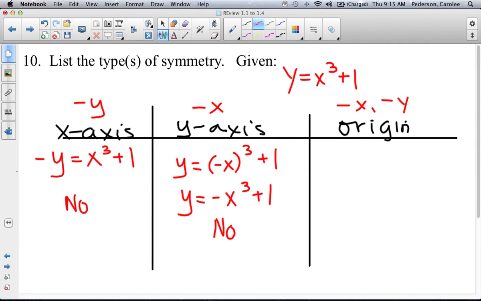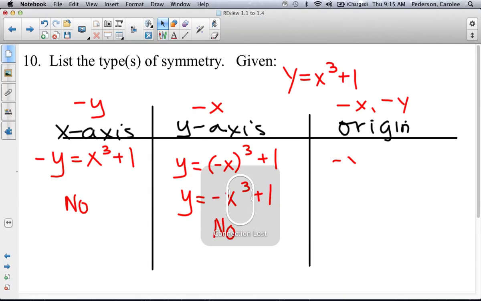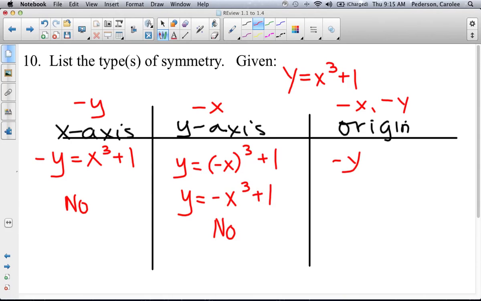Now let's go over to origin. Replace the x and the y with the negative. So negative y, negative x times negative x times negative x is negative x cubed plus 1.